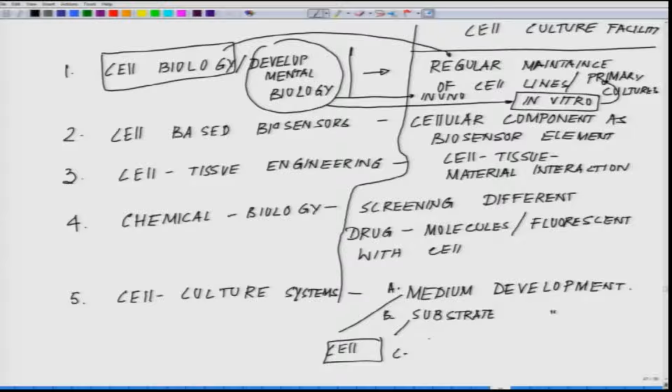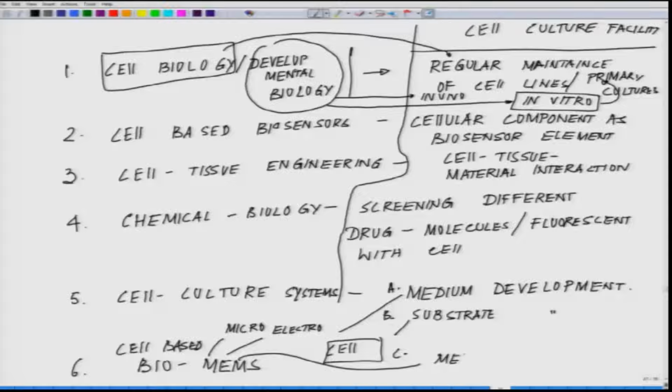Then there is another emerging area, biomems, cell based biomems structures. MEMS here stands for micro electro mechanical systems.